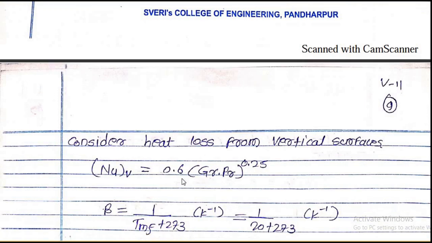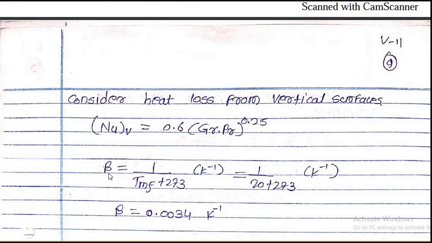So the Grashof number we have to determine. First of all we require beta, the coefficient of volumetric expansion, given as the reciprocal of mean film temperature in Kelvin. So 1 divided by mean film temperature plus 273. Its unit will be Kelvin raised to -1.